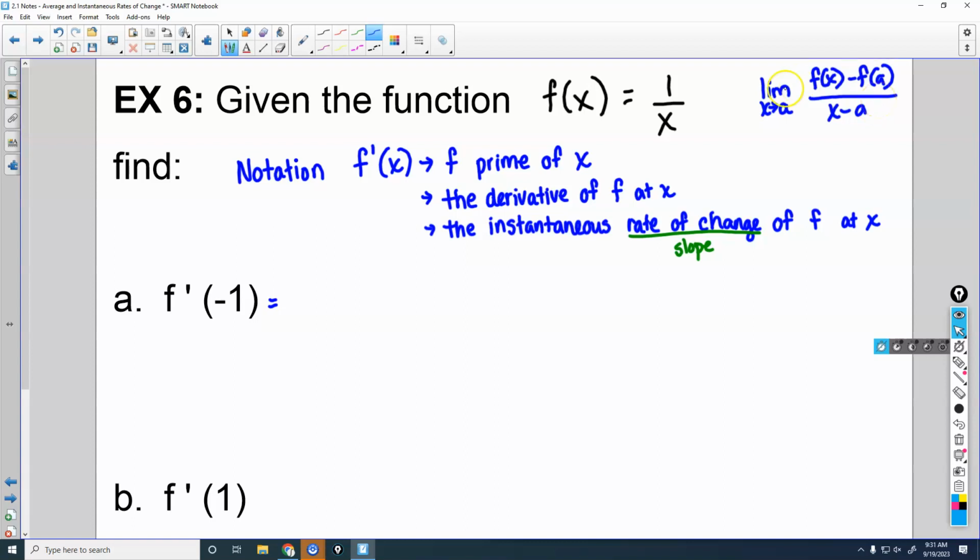If we wanted to, we could say f prime of a equals that. The derivative at a is going to equal this value right here. So we're doing limit as x approaches -1 of f of x minus f of -1 all over x minus -1.